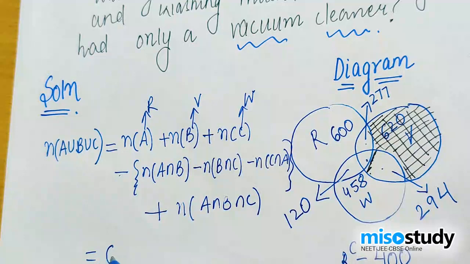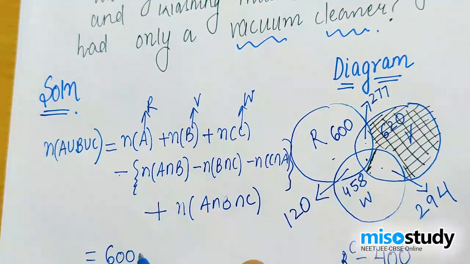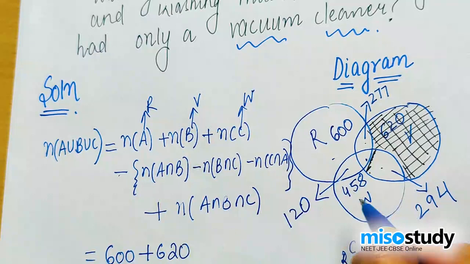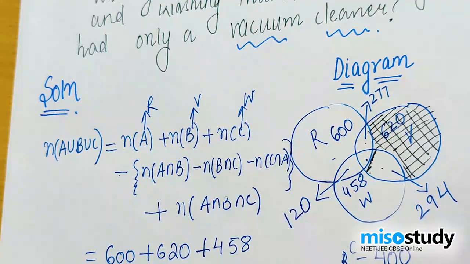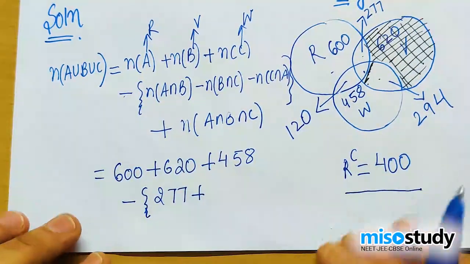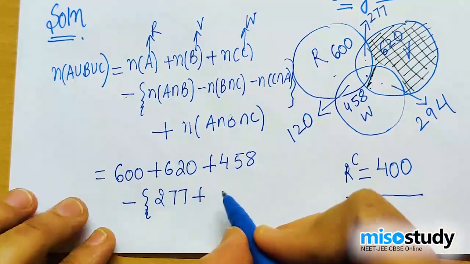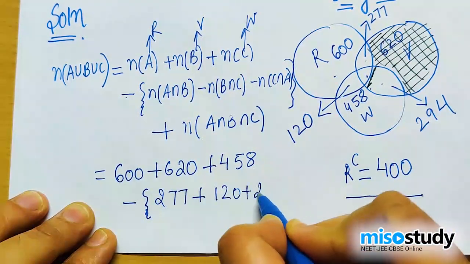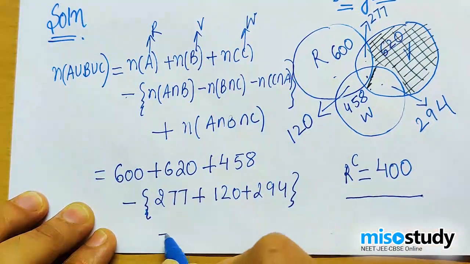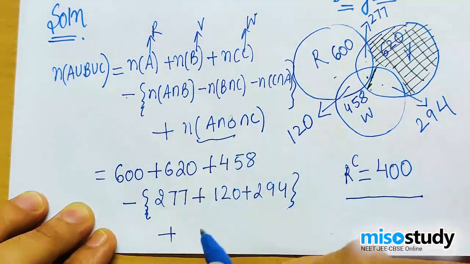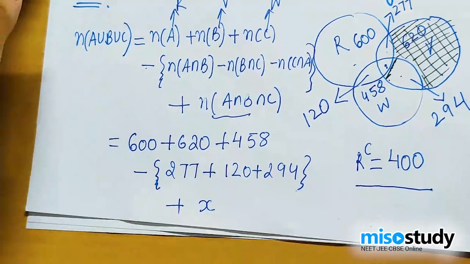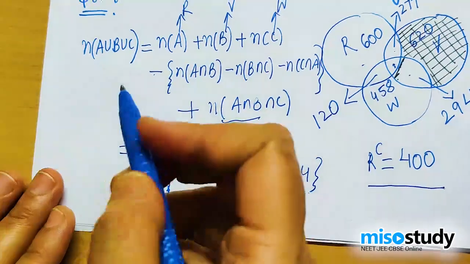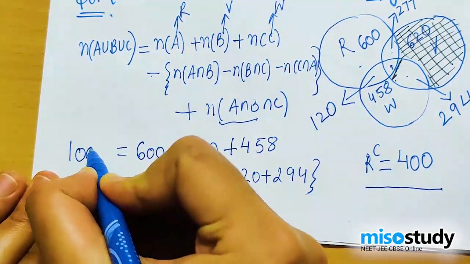So this is 600 N of A plus 620 plus 458 minus 277 plus 120 plus 294 plus N of A intersection B, which we need to find out. Let's say it is X. Let us assume this is X. And N of A union B union C is obviously 1000.